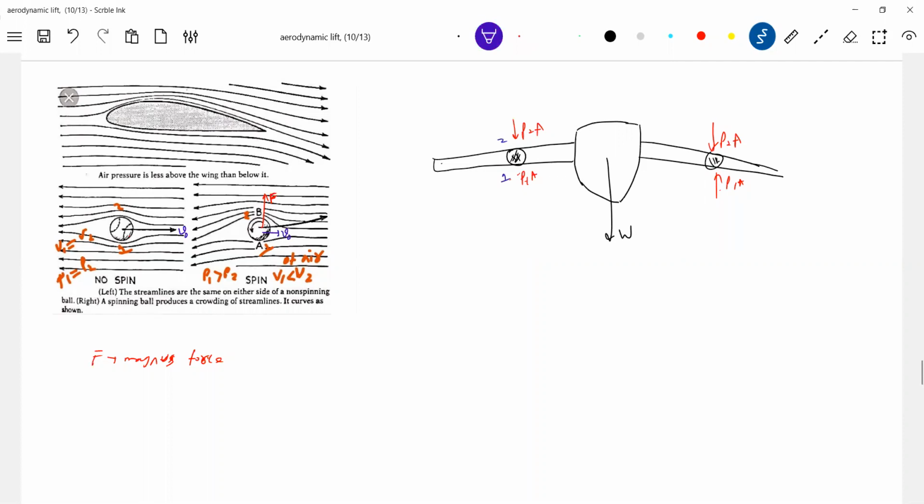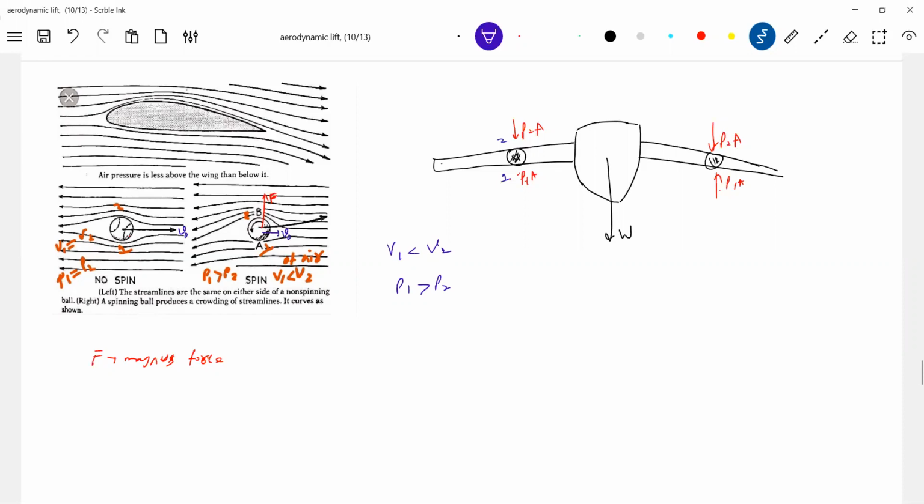Definitely the air will be retarded more at 1 than at 2 because of these propellers. V1 less than V2, then P1 greater than P2. So when the aeroplane flies, the air rushing below the propeller will have less speed than this. So P1 is greater than P2. So what is A now?